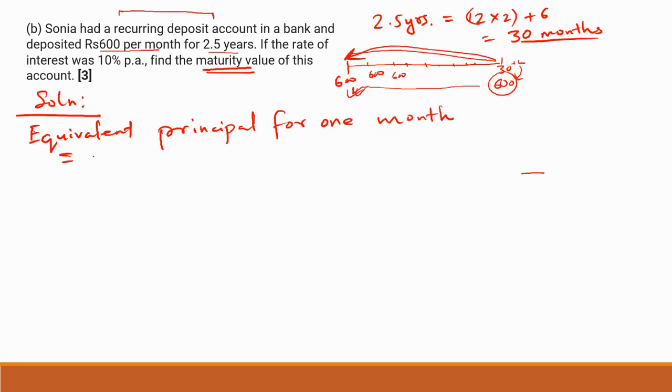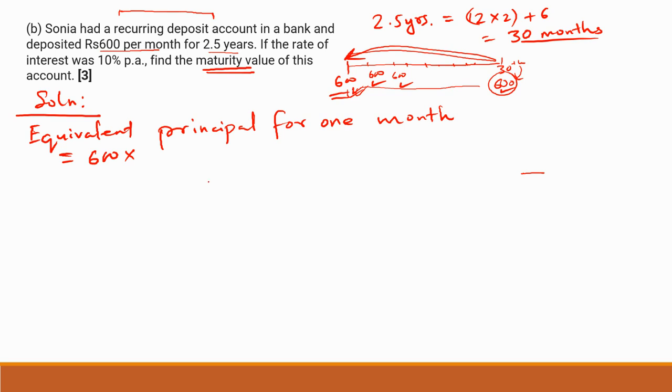She deposited 600 in the first month for 30 months. The second month's deposit is for 29 months. The third deposit is for 28 months. The 30th deposit is for just 1 month.